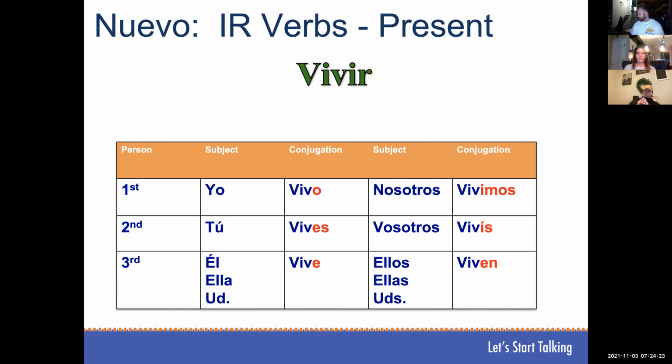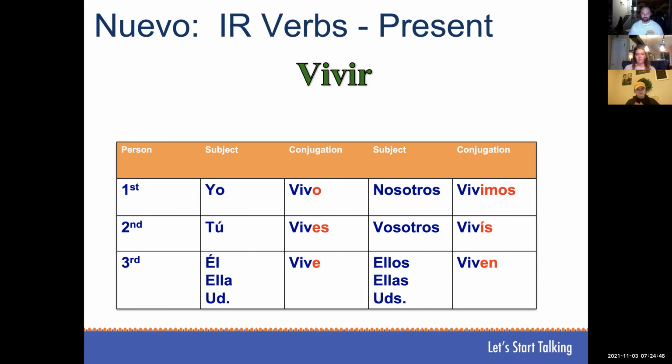Okay, can you go through this pattern for us, Carly? Yo vivo, tú vives, él vive, ella vive, usted vive, nosotros vivimos, vosotros vivís, ellos viven, ellas viven, ustedes viven.